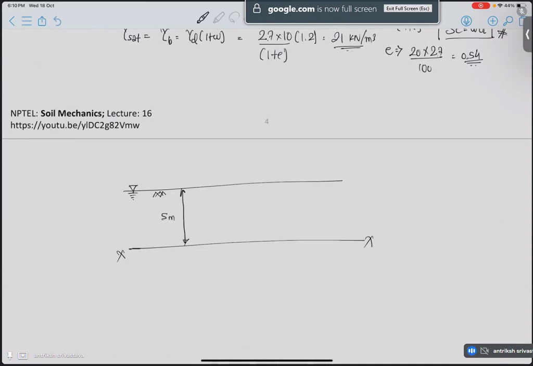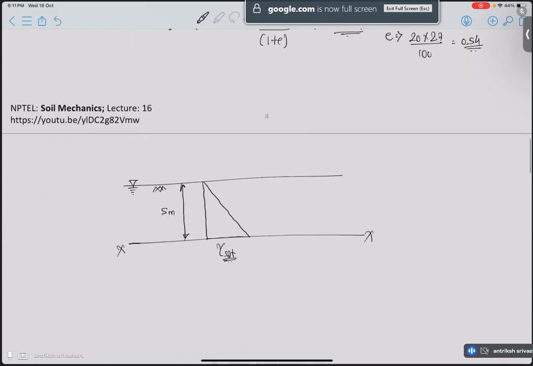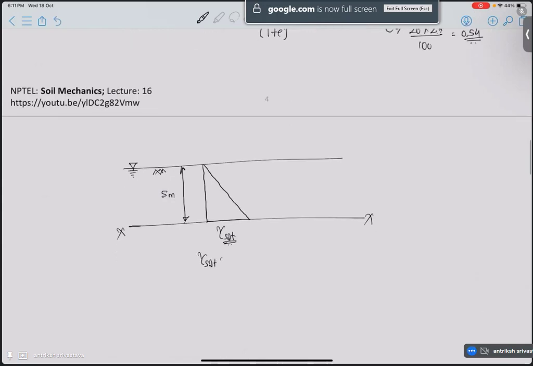The total stress will be from water as well as from the solids. It is calculated using the bulk density, in this case the saturated unit weight. So it will be gamma sat into 5, the depth. We denote it as sigma t. So it is 21 into 5, that is 105 kilonewton per meter square.